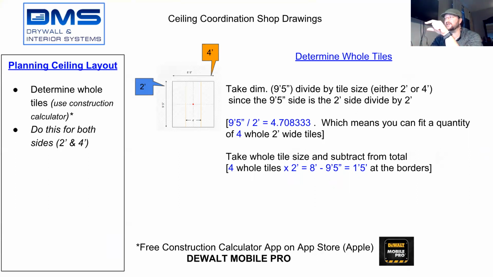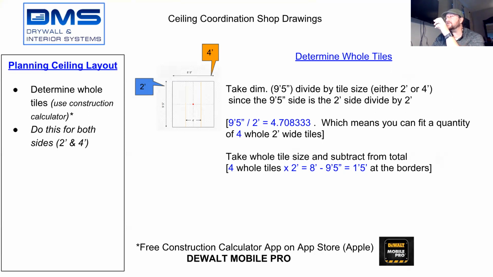Since this is the 9'5" side, you're going to want to divide by 2. So you'll see there in blue, the calculation is 9'5" divided by 2 feet equals 4.708333. That determines how many whole tiles we need.